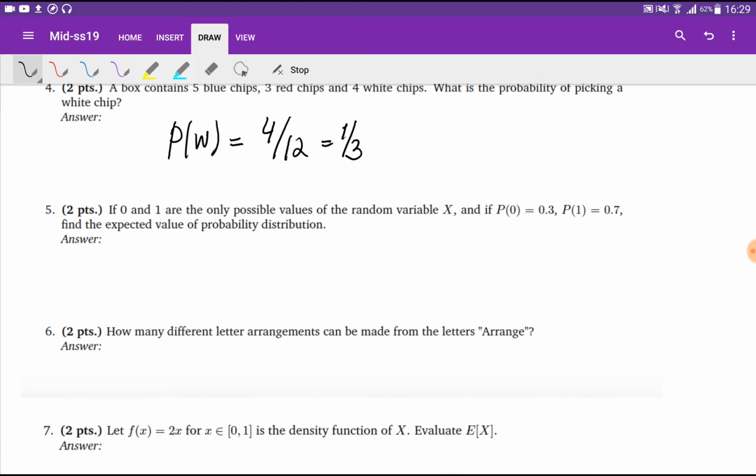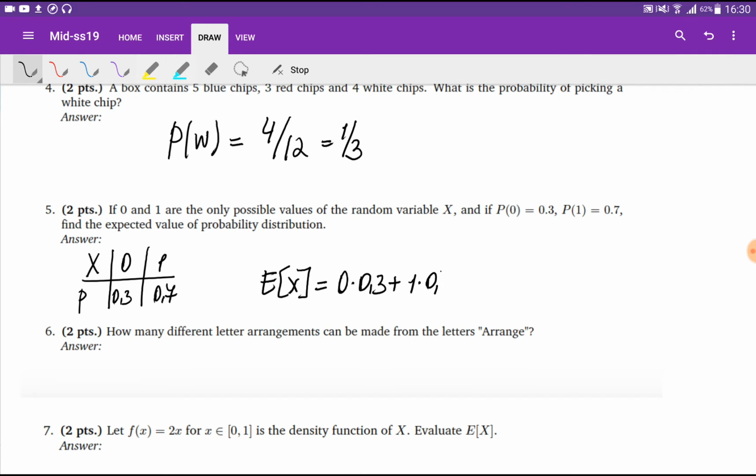Problem number 5 is about calculating the expectation of the discrete random variable. So discrete random variable x takes the values 0 or 1 with the corresponding probabilities 0.3 and 0.7. So the mean of this random variable, or the expected value, is equal to 0 multiplied by 0.3 plus 1 multiplied by 0.7, which is equal to 0.7.